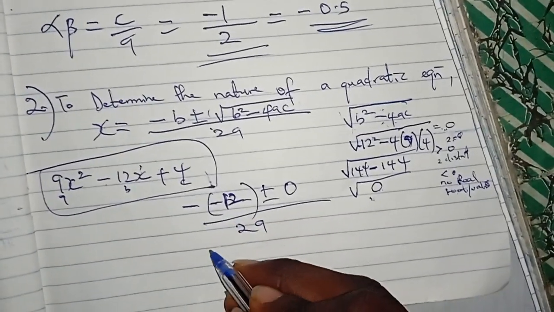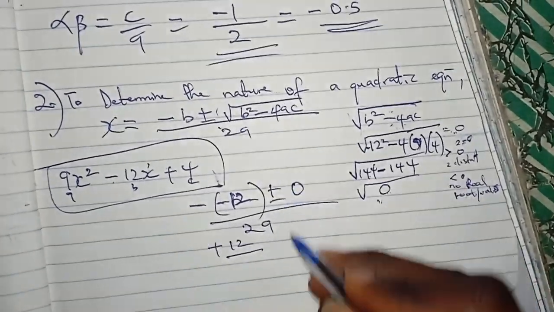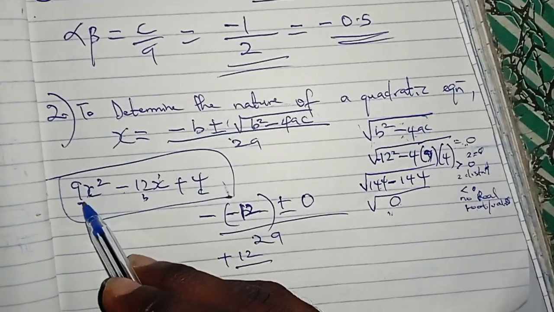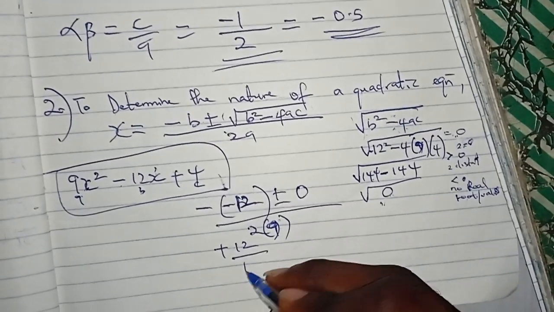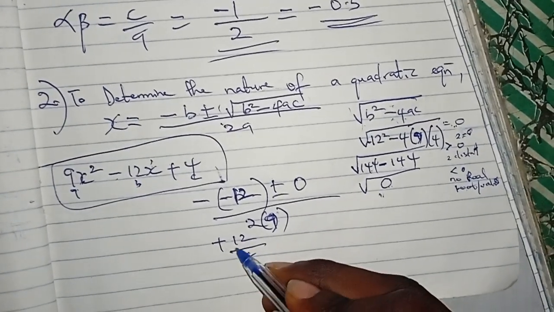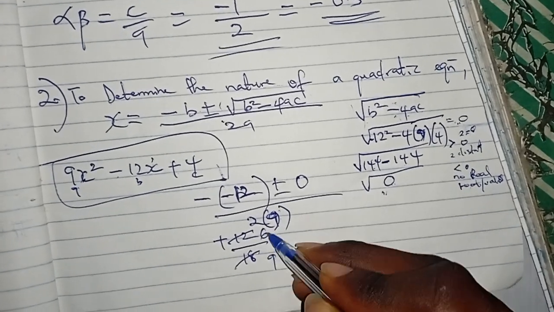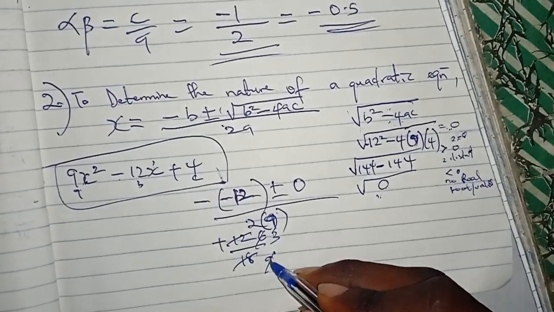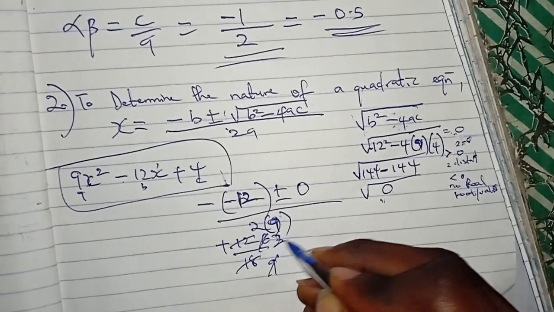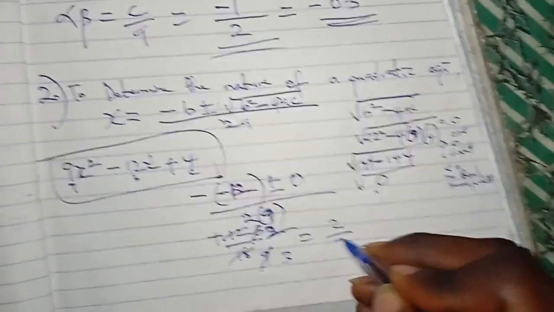This is going to give me the same thing as saying plus 12 over 2a, and a is 9, so over 18. Dividing by 6, 12 over 18 becomes 2 over 3.